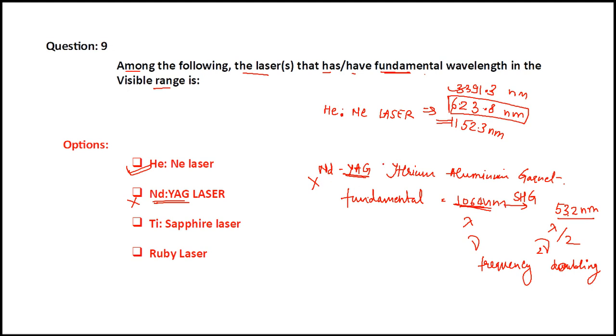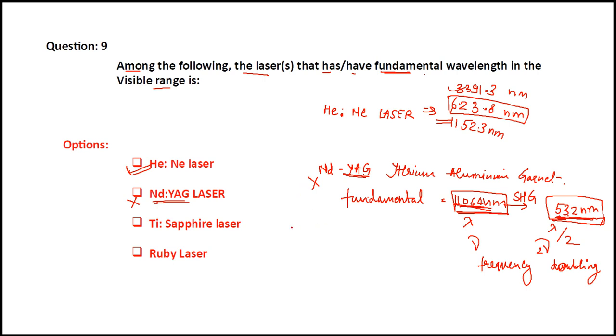Often people get confused here, because what we usually study is the 532 nanometer, but we need to know that the fundamental for the Nd:YAG laser is 1064 nanometer and not 532 nanometer. So this is not the option.